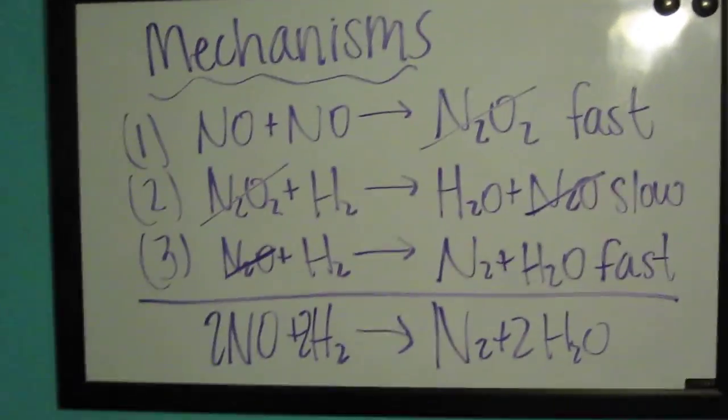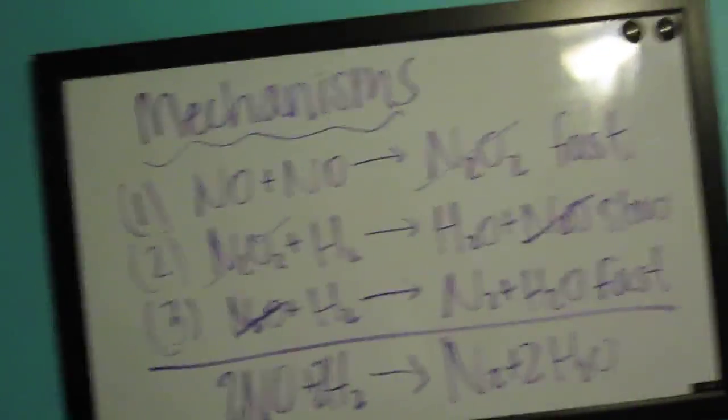In this one you have 2 NO plus 2 H2 yields N2 plus 2 H2O. So that's your equation at the end. And that's how it happened.